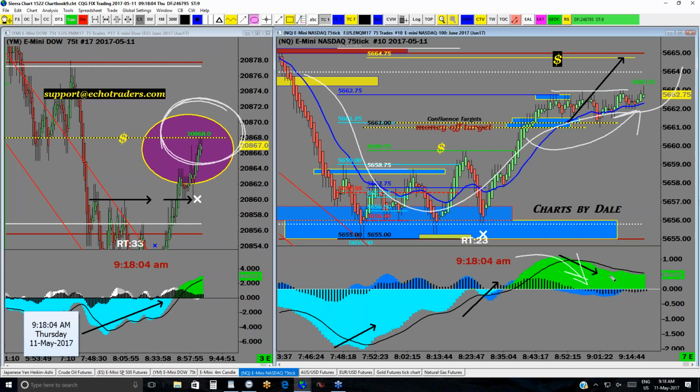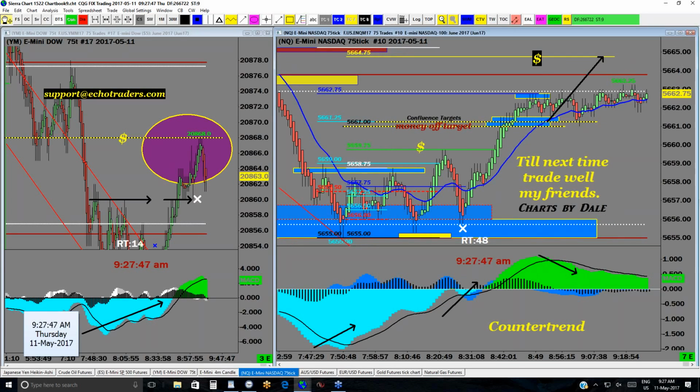So about 2 points to go here on NQ to target. A little bit of resistance holding pretty strong here on the NQ, and as we had mentioned, it is a counter trend trade.